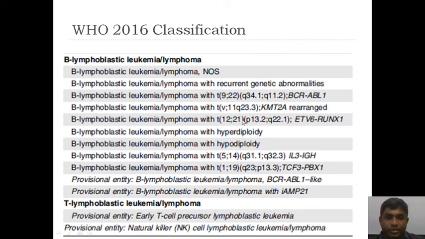Whereas in the three earlier ones, there is a change in chromosome structure, but the number remains the same, that is 46 in total. And there are other subtypes, B-ALL with translocation 5;14 and B-ALL with translocation 1;19. There are a few provisional entities, which are B-ALL, BCR-ABL1 like, and intrachromosomal amplification of chromosome 21.